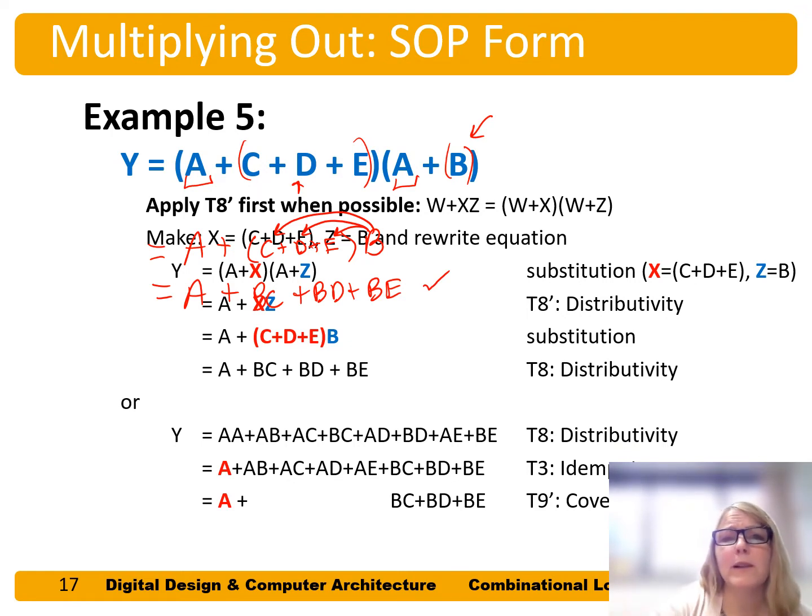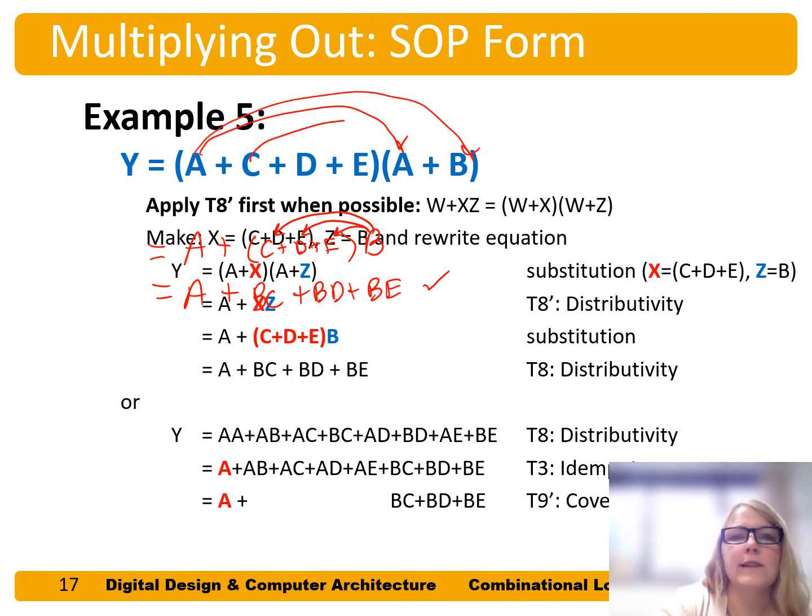We could actually multiply it out longhand, where we say this is equal to A, or A and B, or C and A, or C and B. I'll show that once. It's a little bit painful, but we'll show it. Again, regularity will just go from the first term and distribute across the two terms.